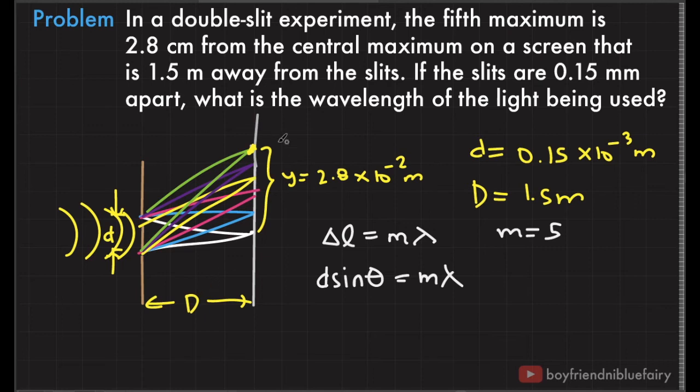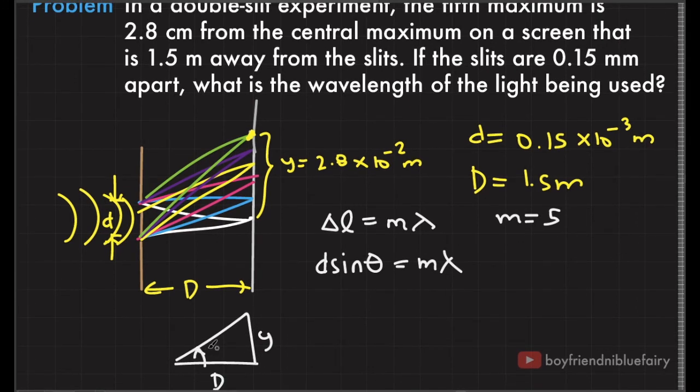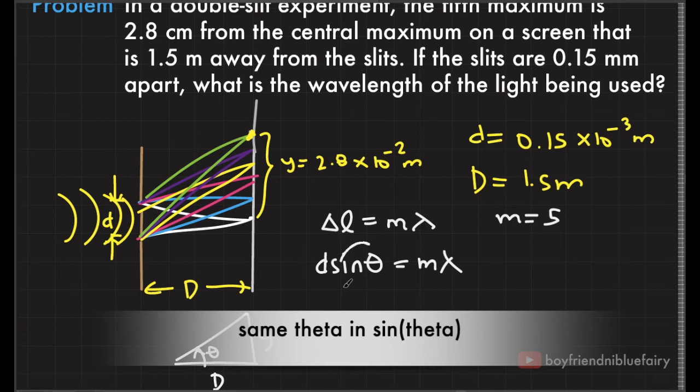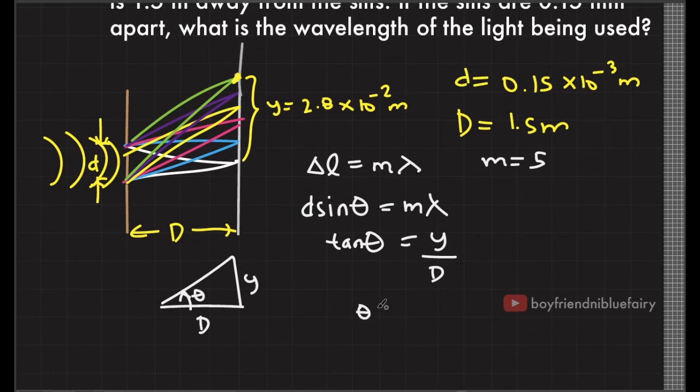Now notice that if I separate this right triangle here, we have y and then D, and this is theta. This theta is the same as the theta in this expression. To get theta, observe that tangent theta is equal to opposite, which is y, divided by adjacent, which is D. So theta equals arctangent of y over D. Then I can plug this back into sine theta.